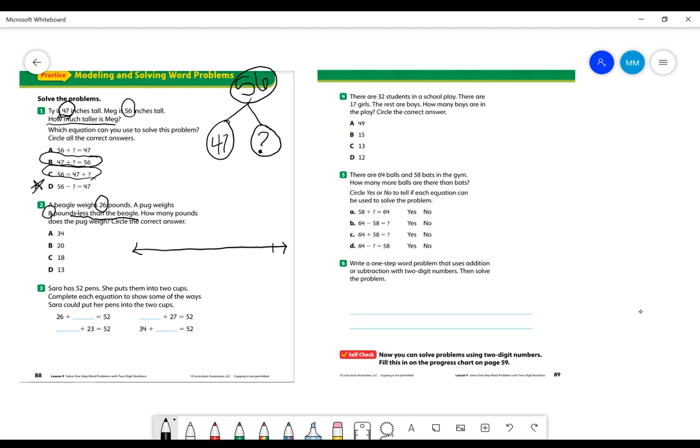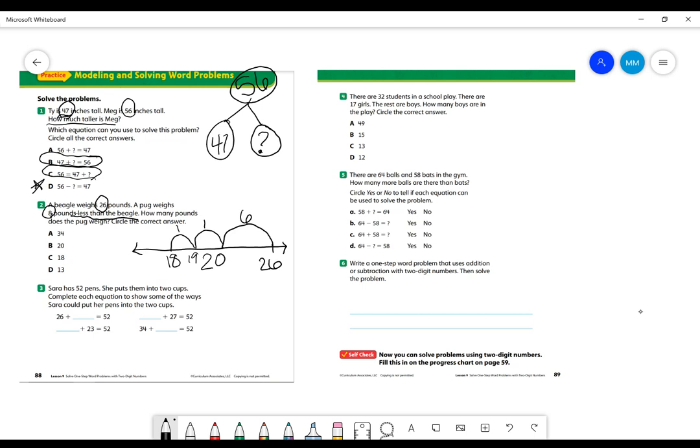And I'm going to start at 26. And I'm going to take away 8. So the first thing I'm going to do is take away 6 to get down to 20. So now I'm at 20. So 6, I have 2 more. So 20, 19, 18.